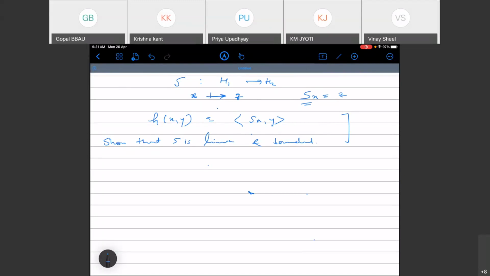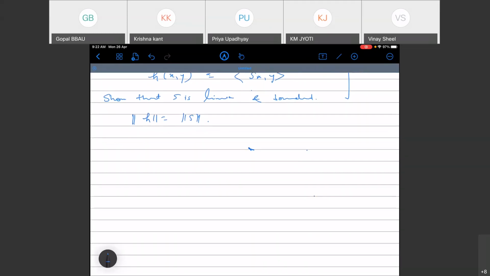I'll leave this for you, and let's see why norm h equals norm s. This is also easy. You know, norm h is by definition, this is h1 now, supremum over y in h2 of sx comma y by norm x norm y. Put y equal to sx.